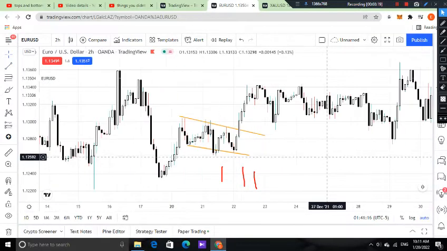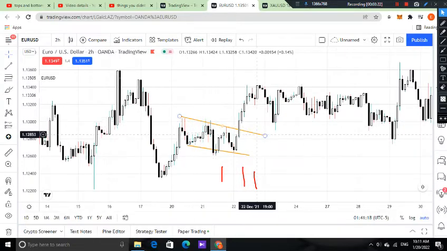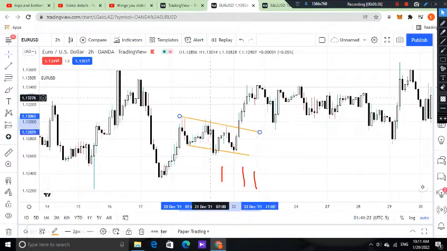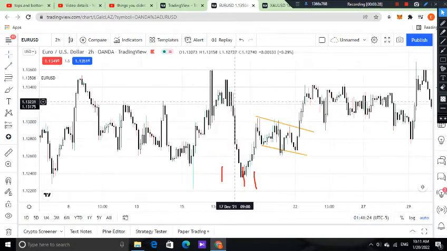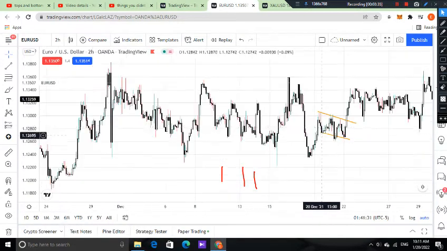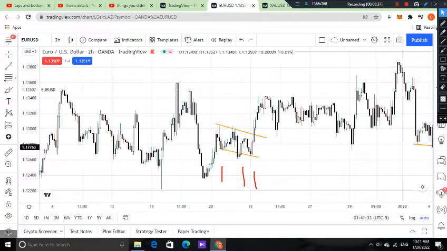You can also see it as a head and shoulder, or you can consider it as a channel. It's up to you. But whatever it is, it's a flag.